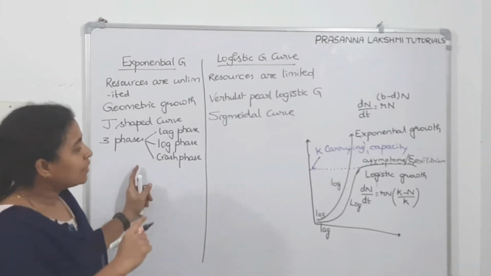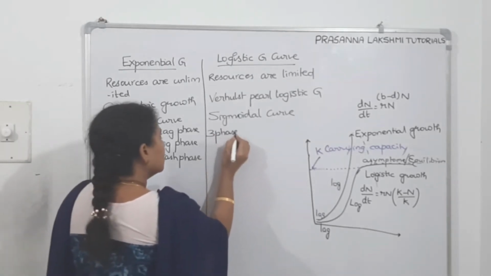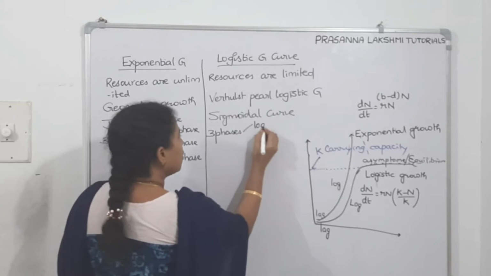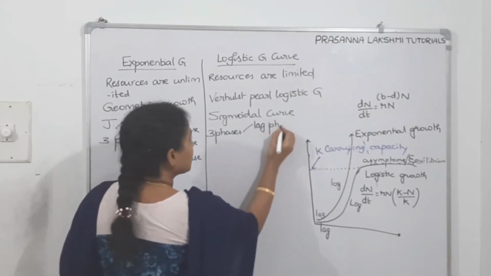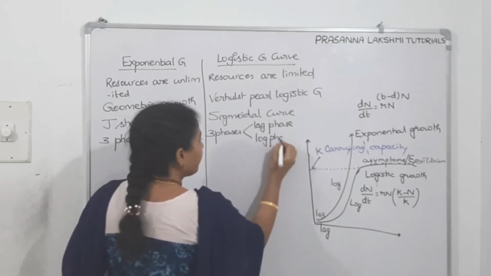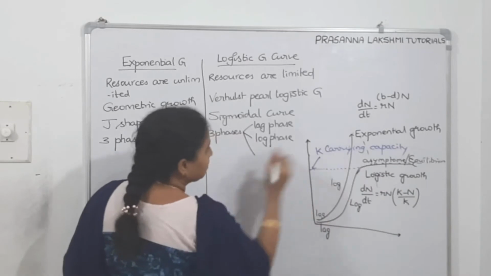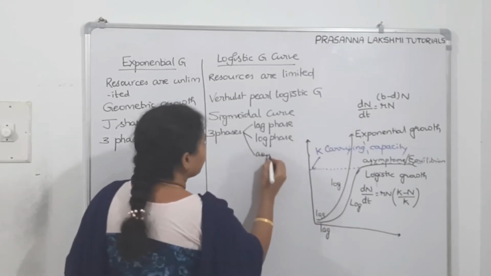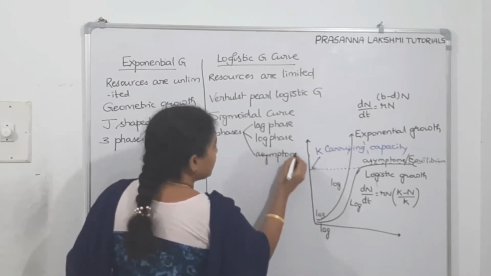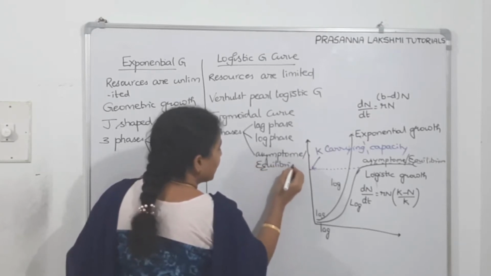Whereas here, if you see, there are three phases. What are the three phases here? The initial phase is the lagging phase, and the second phase is the log phase. There is no crash phase here. The third phase is the equilibrium phase or asymptote phase.